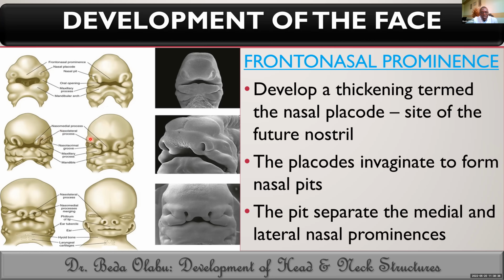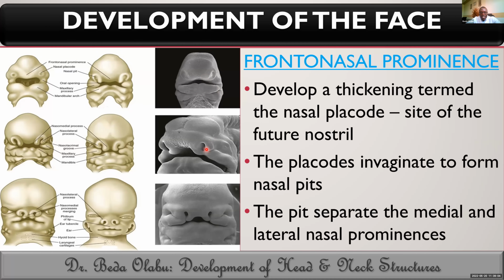Because of the presence of the nasal pit, we can say this now, that the nasal pit separates the nasal prominence. I told you that we call it frontonasal because there are two prominences, the frontal and the nasal prominence. So the nasal pit separates the nasal prominence into two.